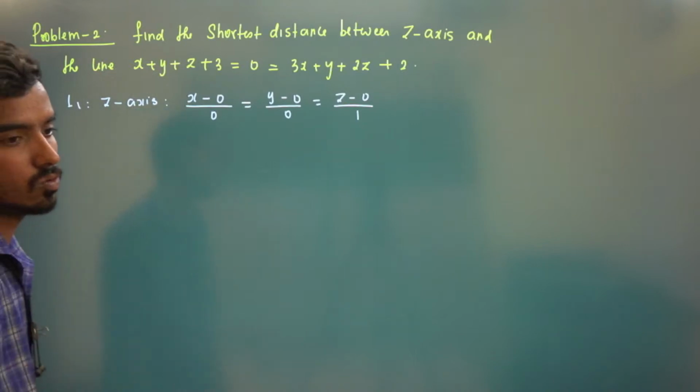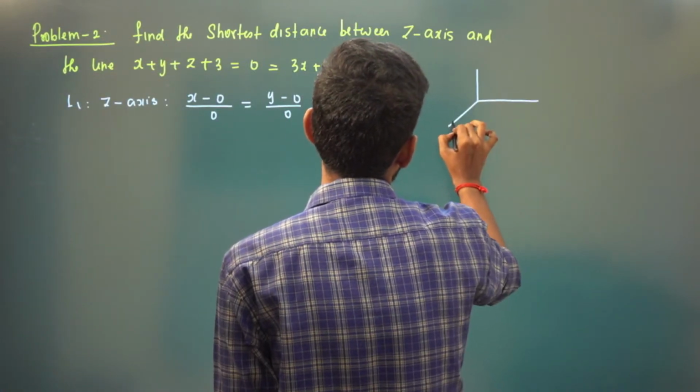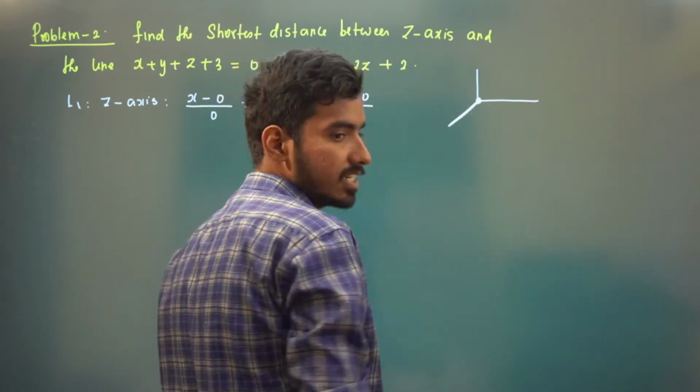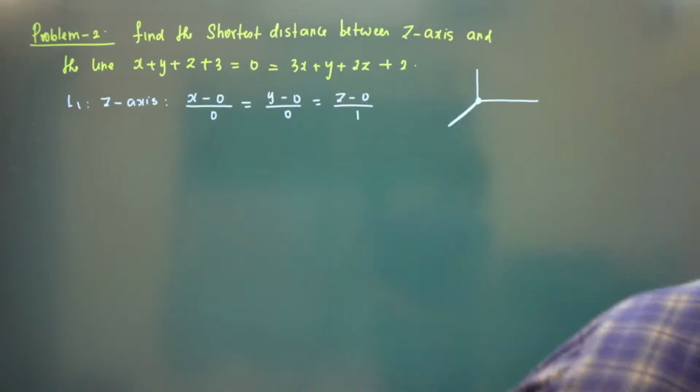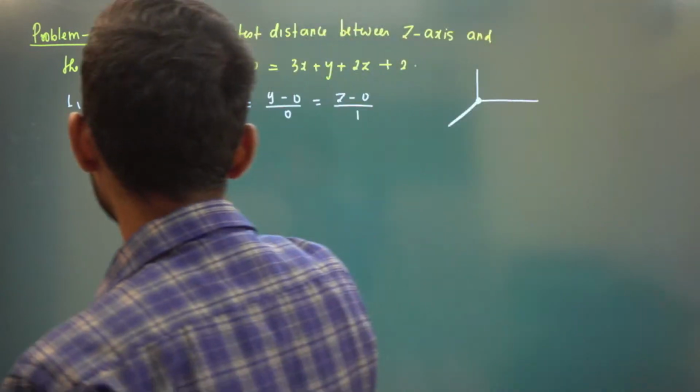So what is the equation of a line passing through a point with a given direction ratio? The direction ratio of the z axis is 0, 0, 1, and it passes through the point 0, 0, 0. So the symmetrical form we can easily write.